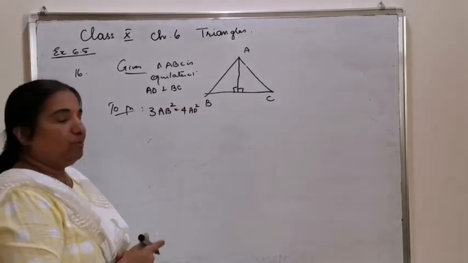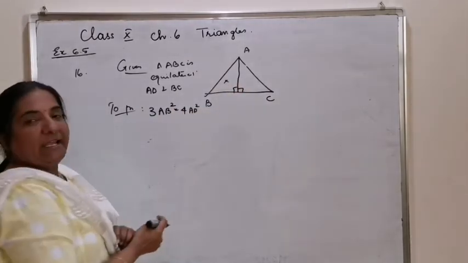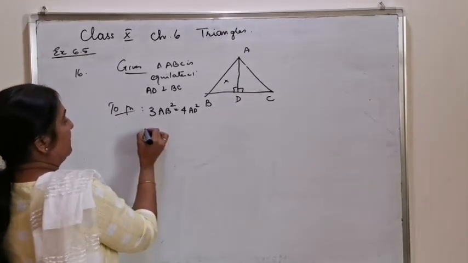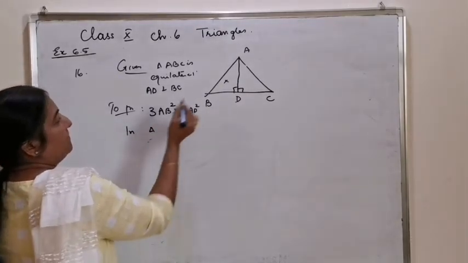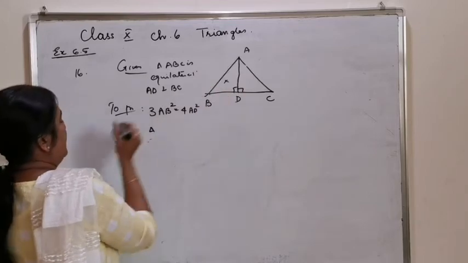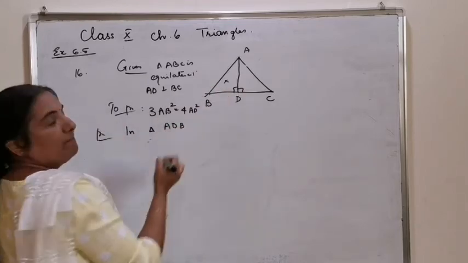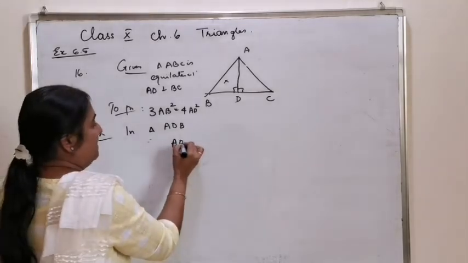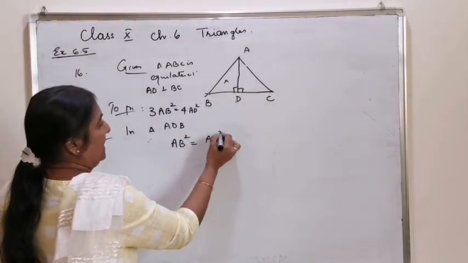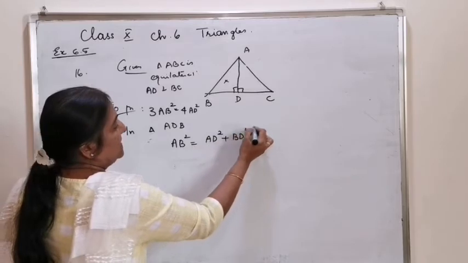It's a very easy proof. Since it's already an altitude, in triangle ADB, by Pythagoras theorem, AB square is equal to AD square plus BD square.